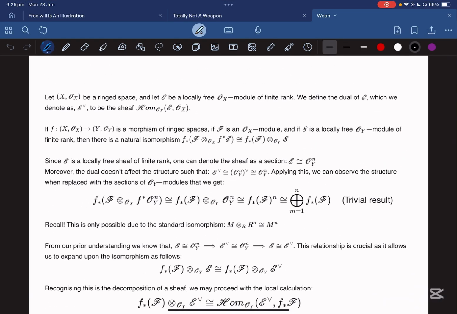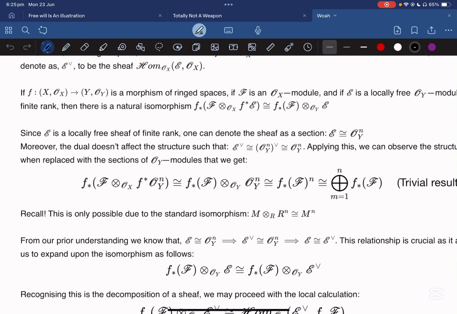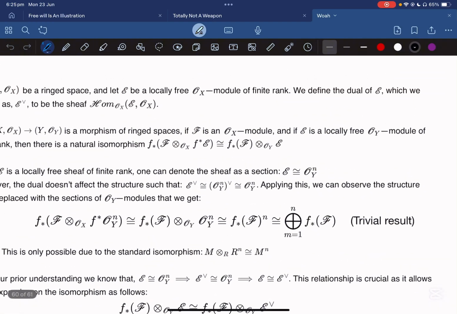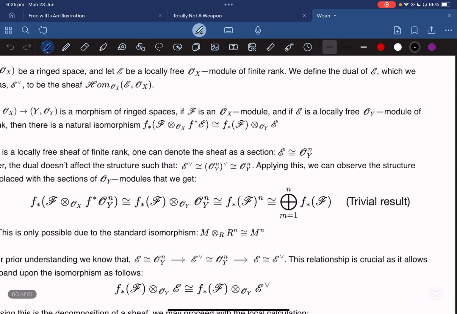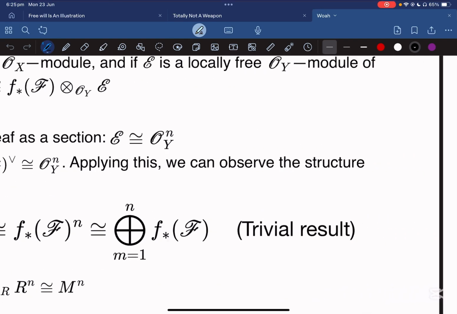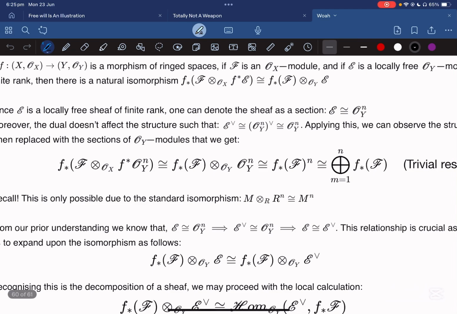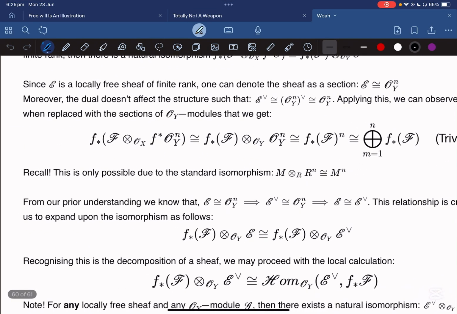This is the formally typed out proof of what I wrote, and I talk about it through here. Since E is a locally free sheaf of finite rank, one can denote the sheaf as a section, there, what I wrote before. Moreover, the dual doesn't affect the structure such that we get this. Applying this, we can observe the structure when replaced with the sections of Y modules that we get our trivial result I showed you before.